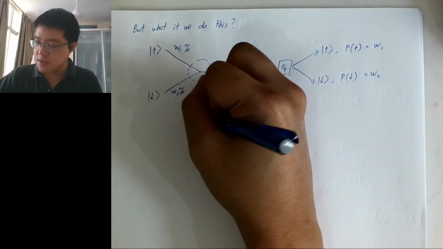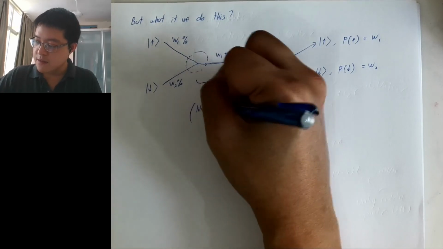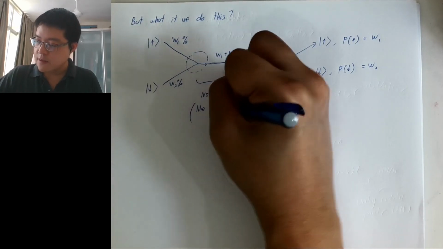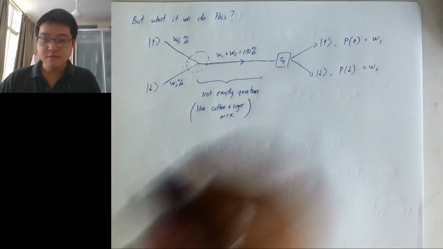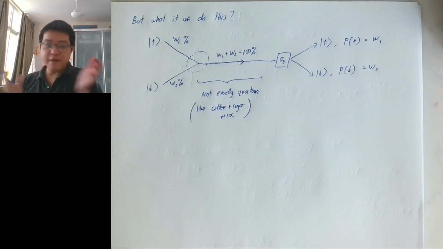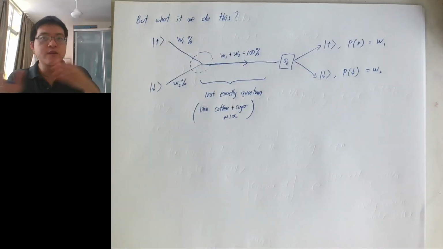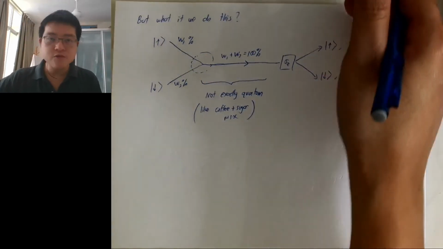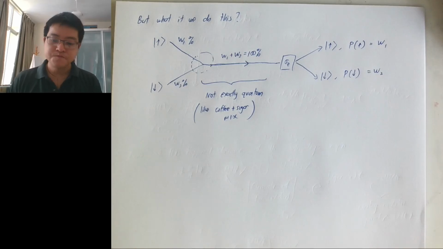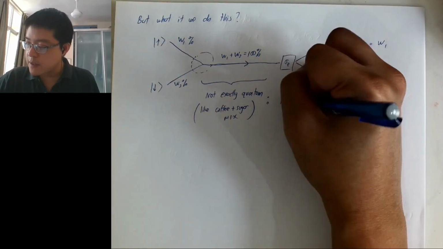If you read this later, just remember this is like coffee and then sugar, and you mix it. So it's perfectly fair that this might happen; you just literally join the beams. So we need to develop a theory of how to calculate these results. In other words, we need to develop a theory of mixed states.